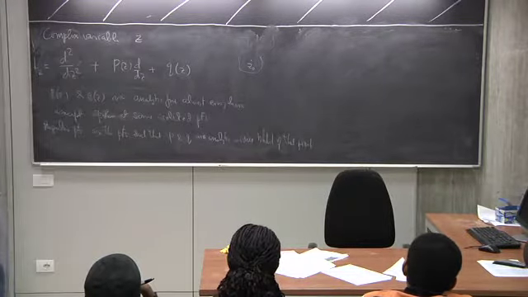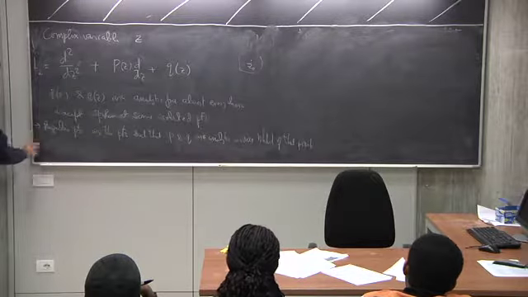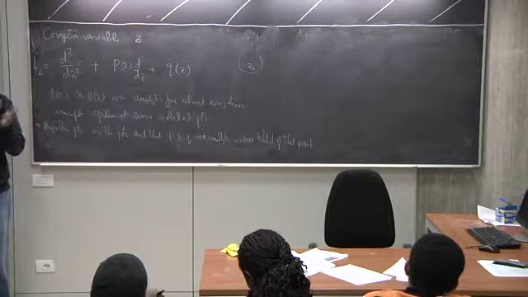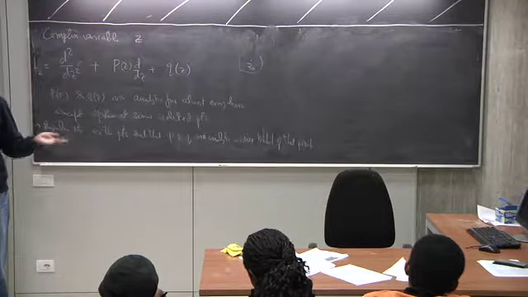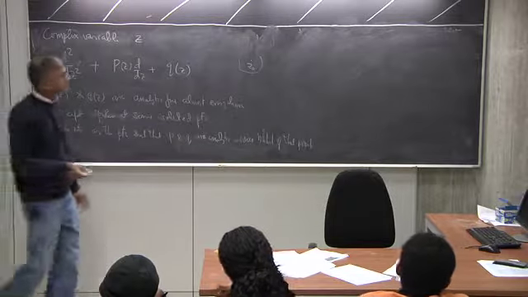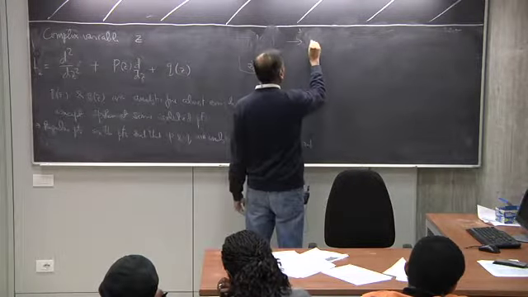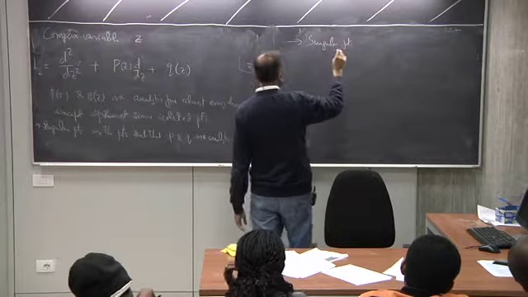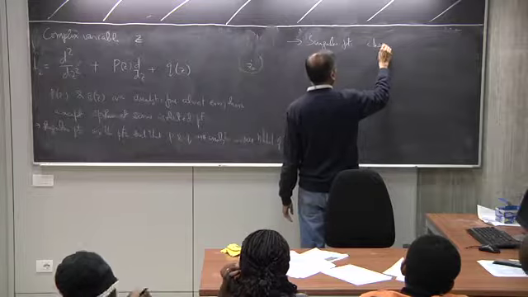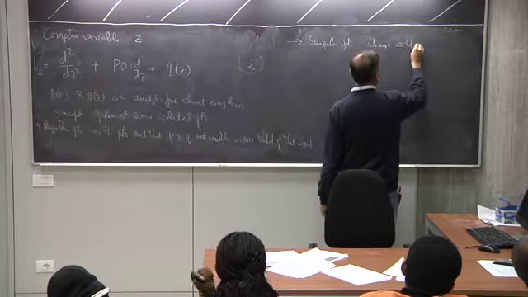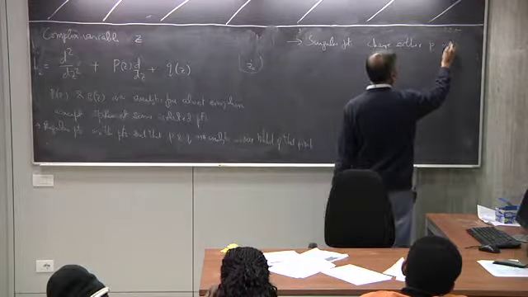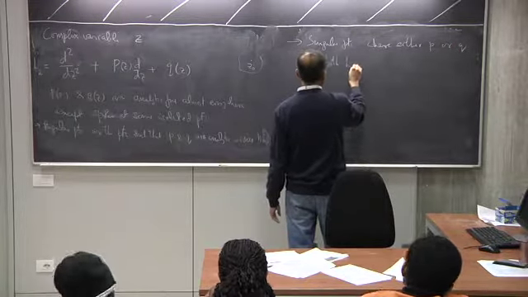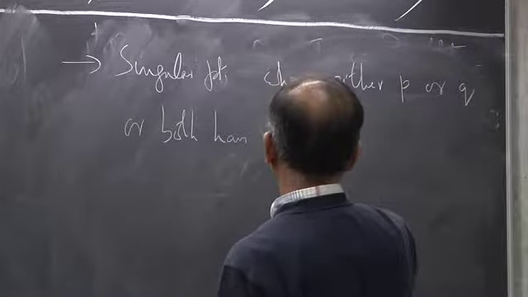That's why it's a regular point. And then you have singular points where p and q may have poles. Both p and q, or only one of them, if it has a pole, then it is a singular point. The second is the singular point where either p or q or both have some poles.